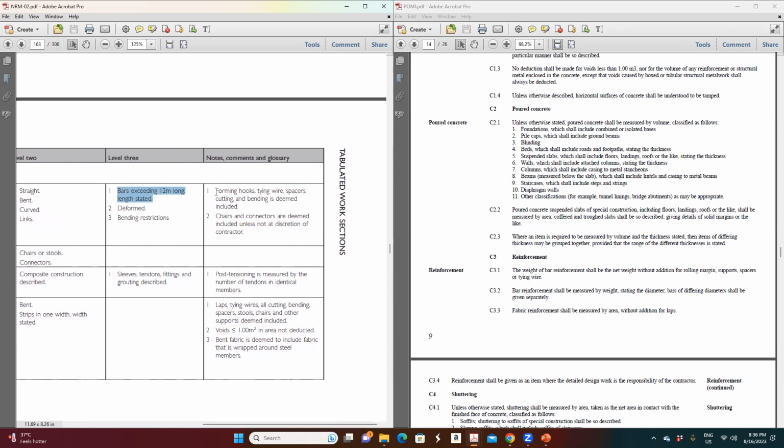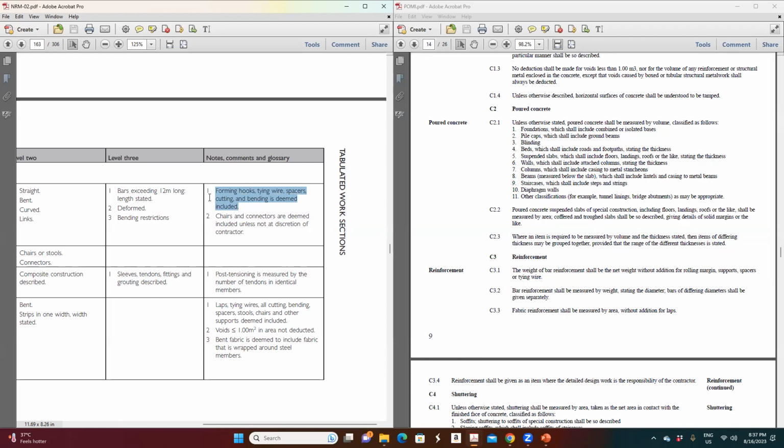Then, interesting: forming hooks, tying wires, spacers, cutting and bending is deemed included. Okay. Now what they said here, hooks, tying wires, spacers, cutting and bending of all this reinforcement are to be considered as included.